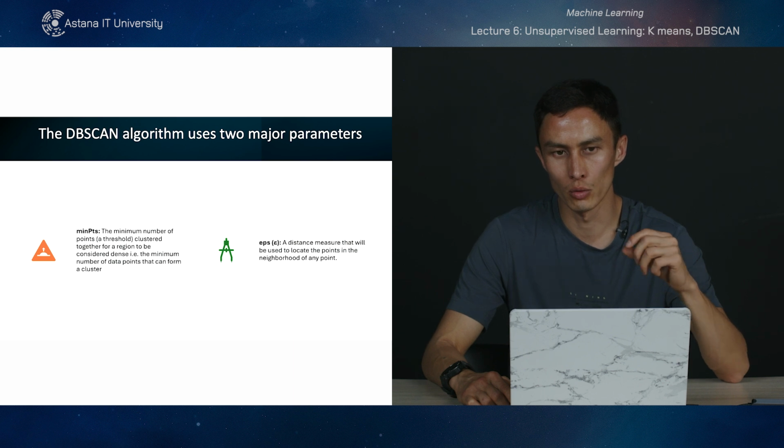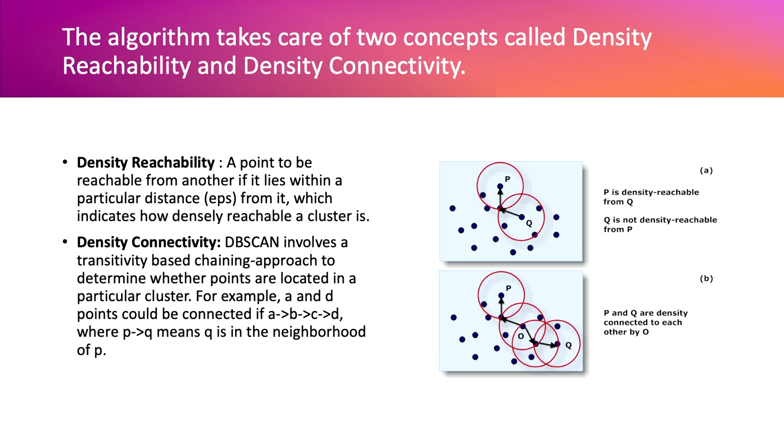As you can see here, there are two terms. The first one is density reachability. We say points are reachable if they lie within this epsilon distance. If it's less than the distance we provided, the point is called reachable.